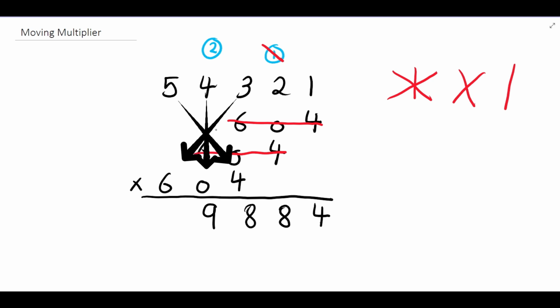So once again, three-way crosswise. So 5 into 4, that will become 20, plus 3 times 6, 18. So 20 plus 18, 38, plus 2 to give us 40. So 0 with our 4 as a carry.